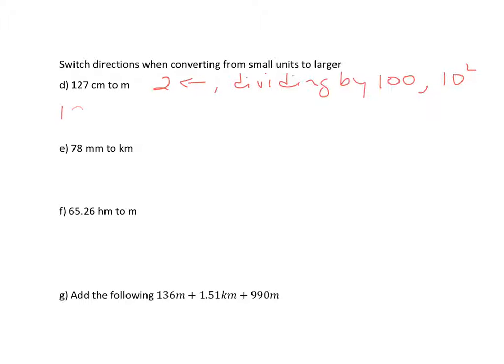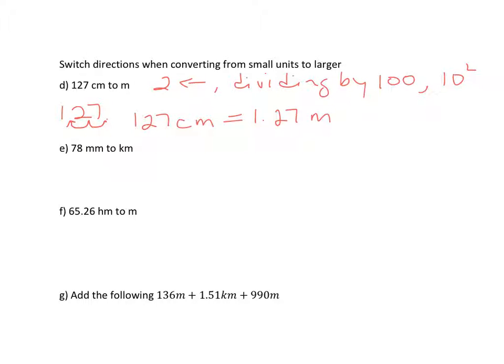So I've got 127. Any whole number, the decimal place is at the right. So we're moving the decimal place 2 steps to the left. So we end up with 127 centimeters equals 1.27 meters.